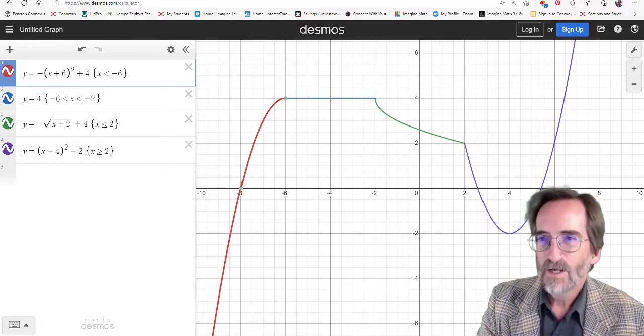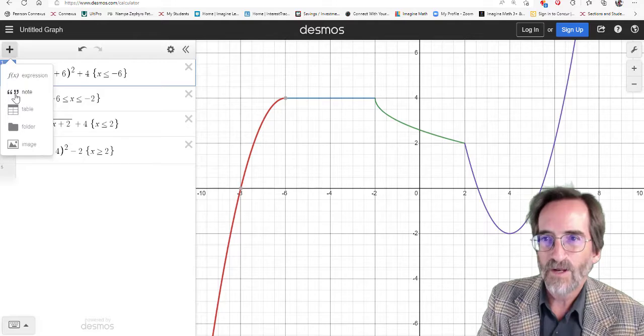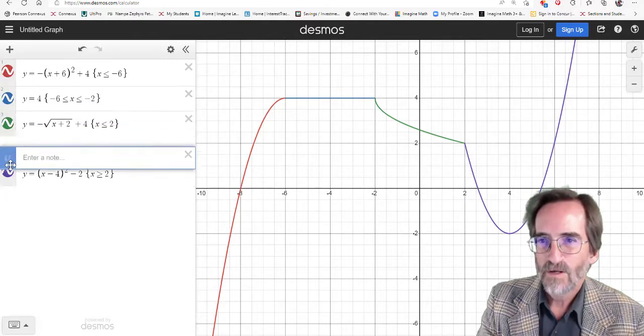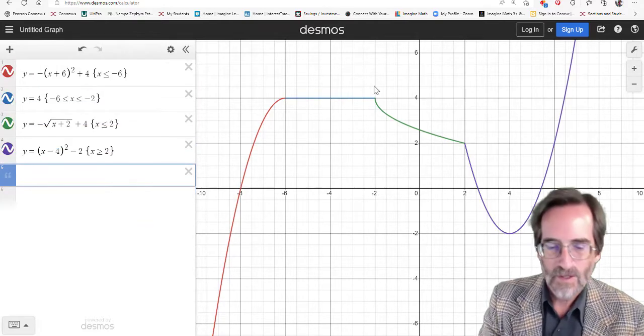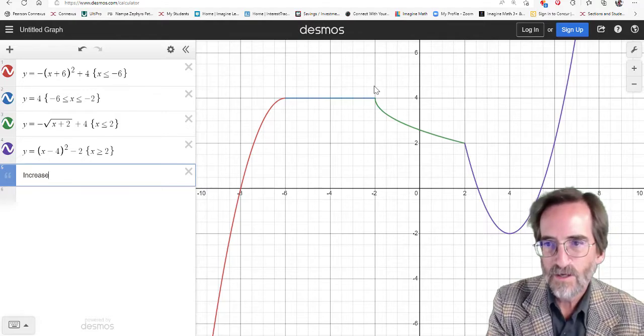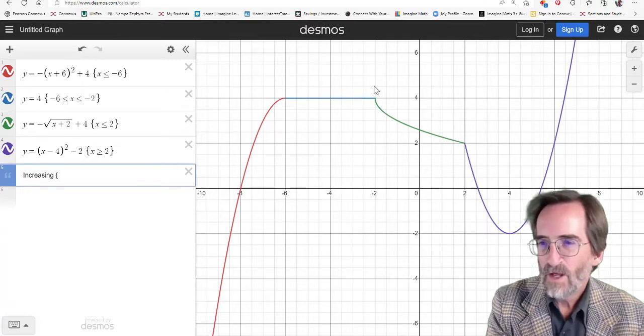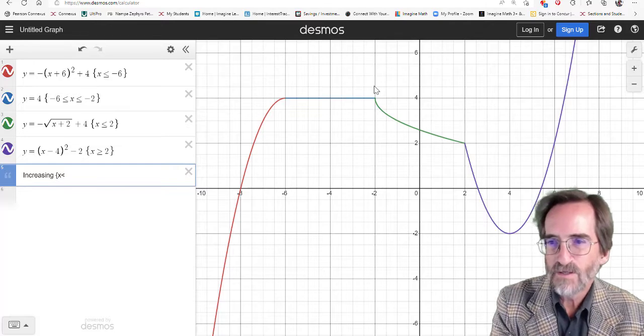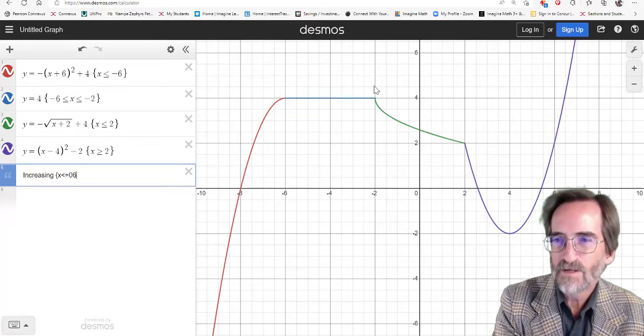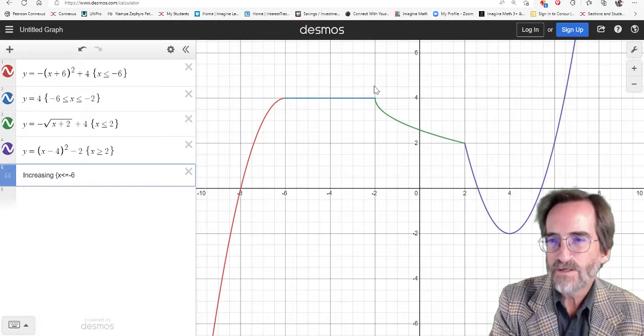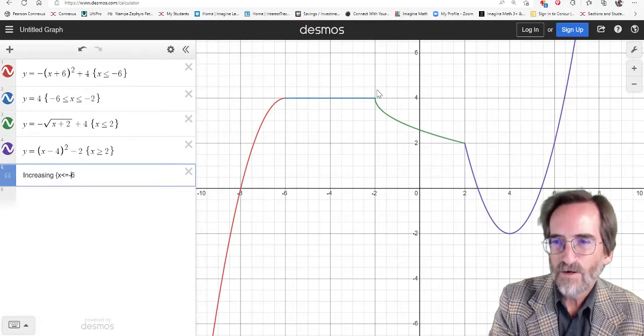So it is increasing. Let's add a note. Put it down here. Okay, increasing. It's increasing from x less than or equal to -6. Okay, -6. It's increasing there.